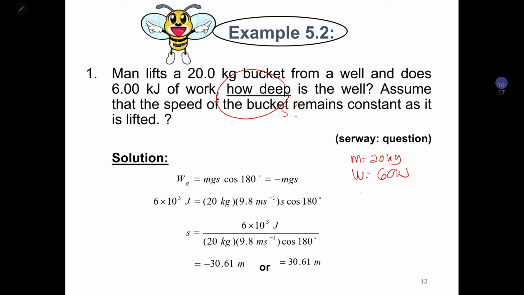So the angle is 180 degree. So we know the value of work, we know the mass and g, and we want to know the value of S. So we can calculate the value of S is equal to 30.61 meter.